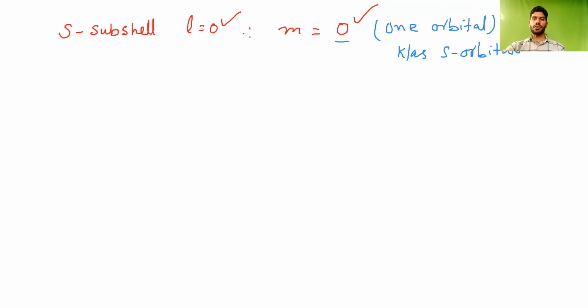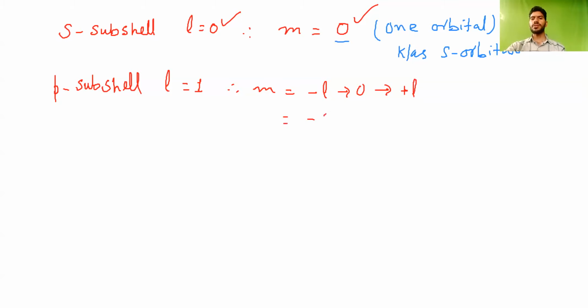Next we have the p subshell. Can you tell me how many orbitals will be there in the p subshell? How to calculate? We know that the L value is 1 for the p subshell. Therefore, the M value will be minus L through 0 to plus L. Here L is 1, so that means minus 1, then 0, and then plus 1.